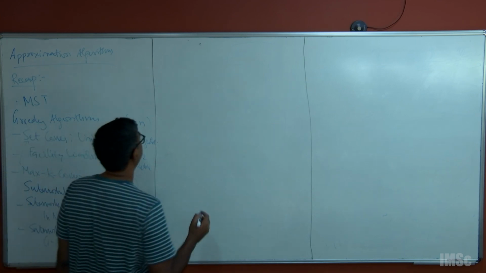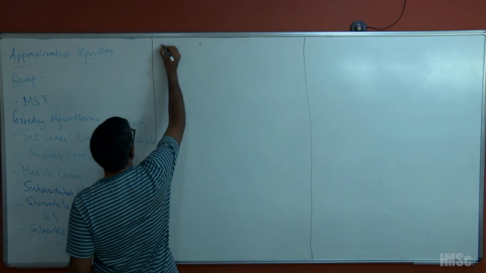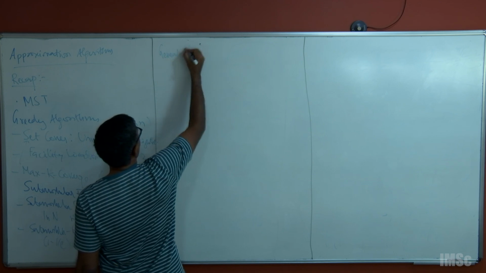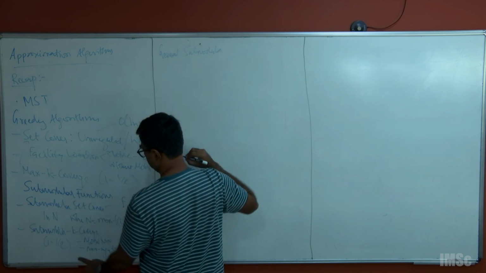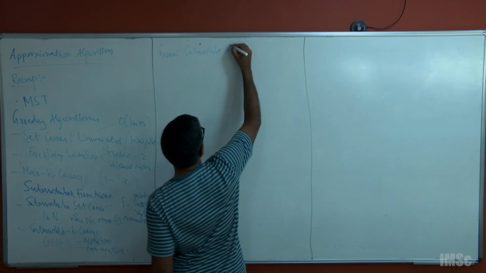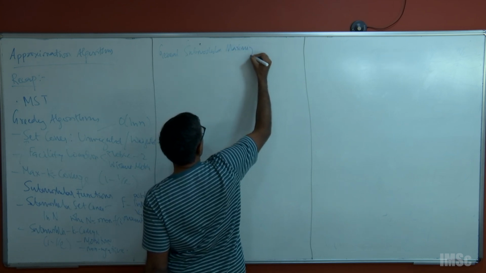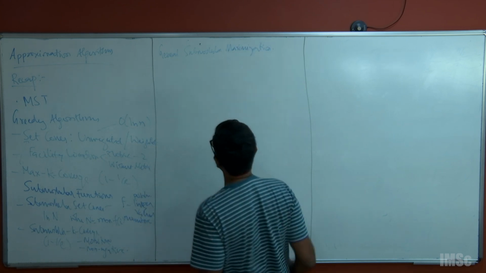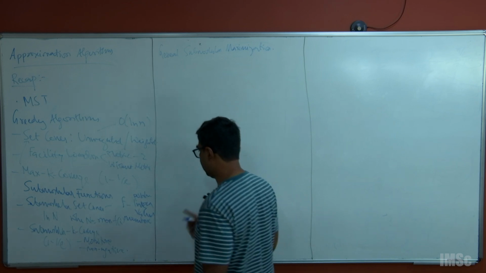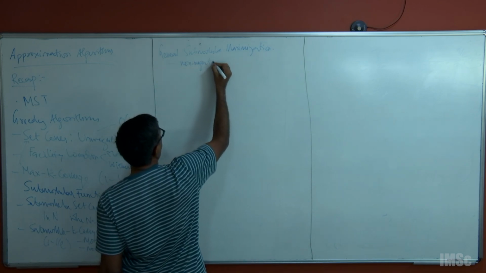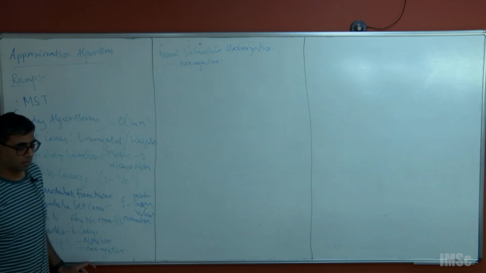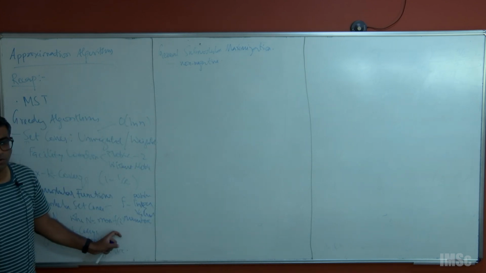And then we moved to general submodular maximization, where we were talking about non negative functions, but we got rid of the property of being monotone.